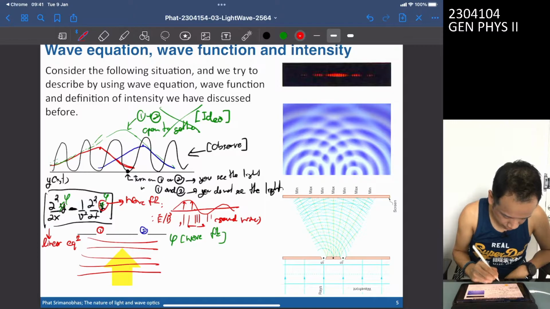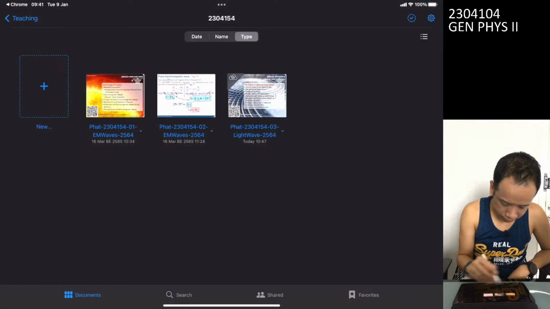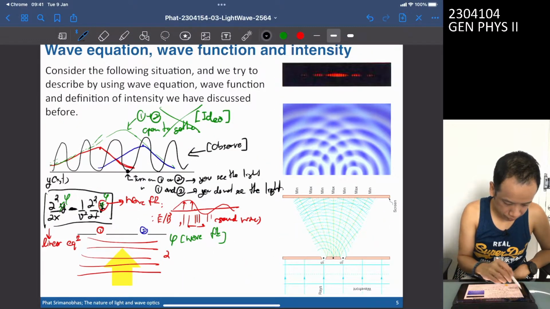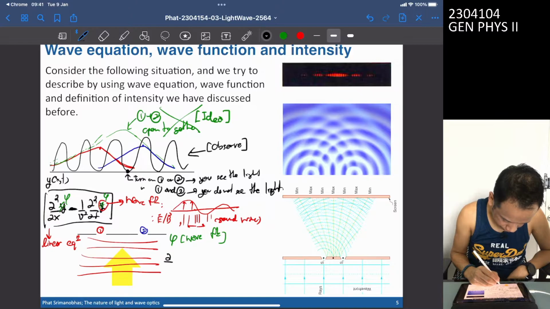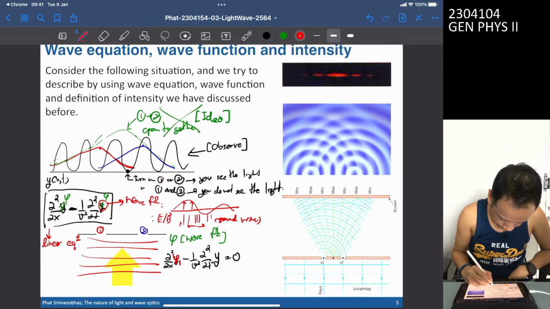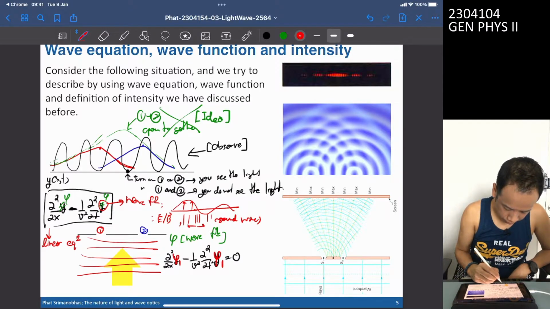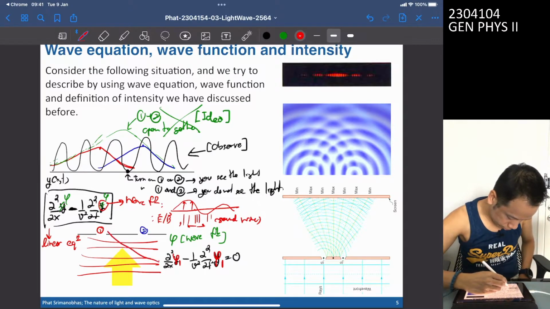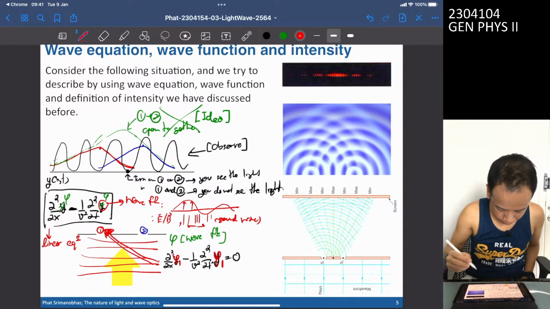So what I'm trying to say is, for example, you have the equation, the Laplacian of y minus 1 over v squared, the second time derivative of y, equal to 0, and this is satisfied by phi 1.